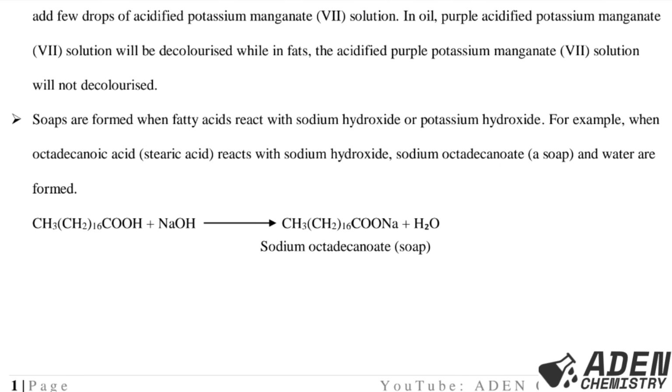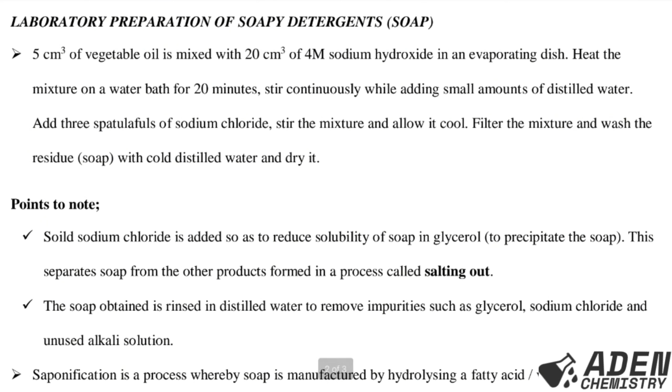So the equation for that reaction is: octadecanoic acid, or stearic acid, reacting with sodium hydroxide solution, giving us sodium octadecanoate, which is the soap or soapy detergent, and also water.